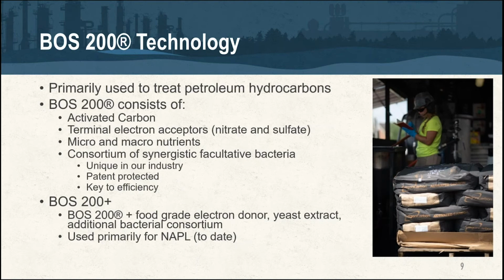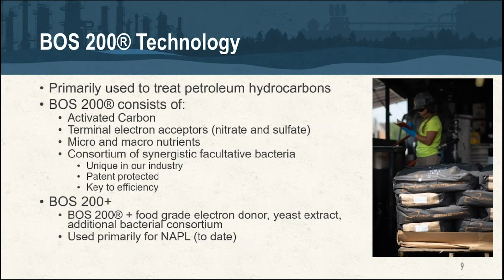What I mean by that is if you inject all the same ingredients without the bacteria, you're making one big assumption, that you've got the right bugs in the subsurface to begin with, and secondly, that you're going to get the proper bacteria to start to sorb onto the activated carbon surface.